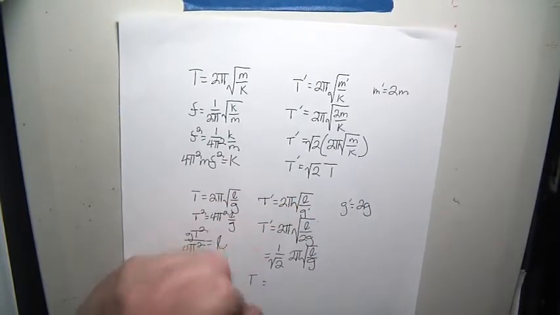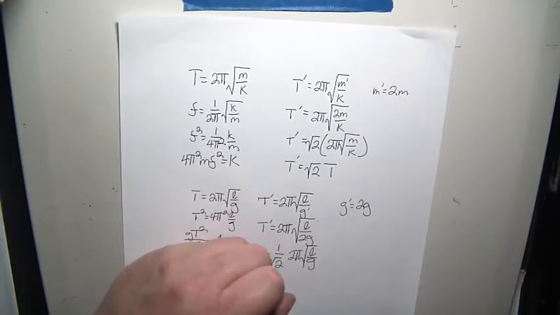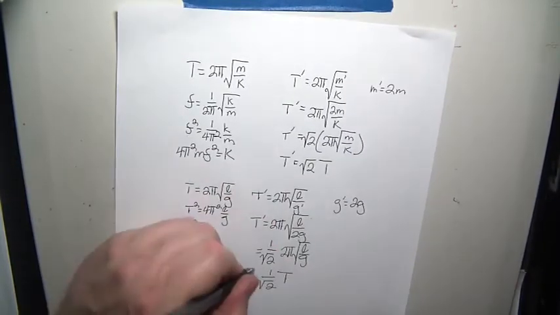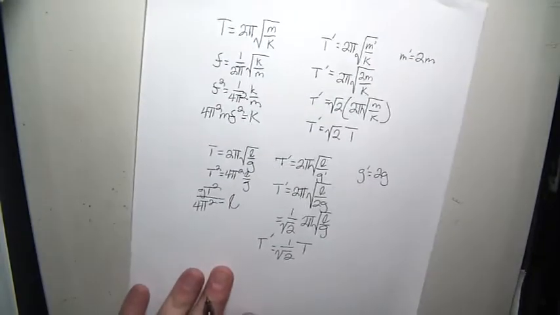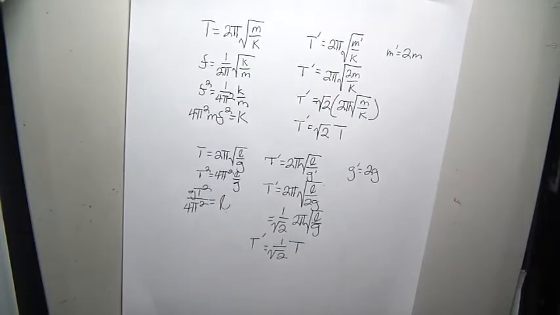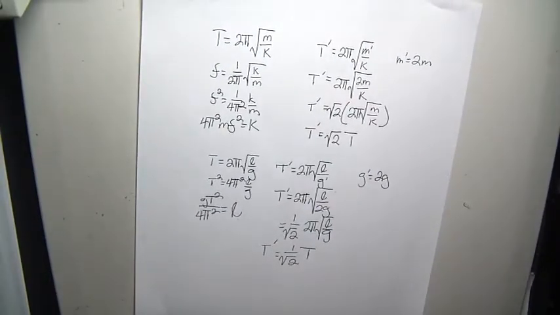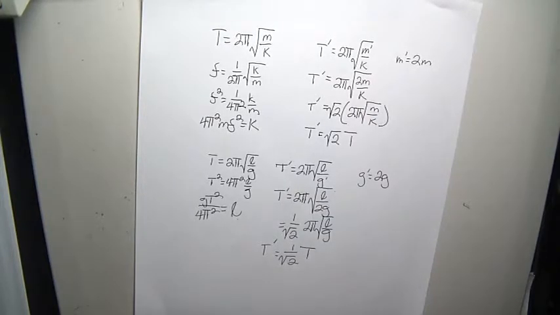So T prime is equal to 1 over the square root of 2 times your old period. So if you doubled gravity, the period would decrease by a factor of 1 over square root of 2.